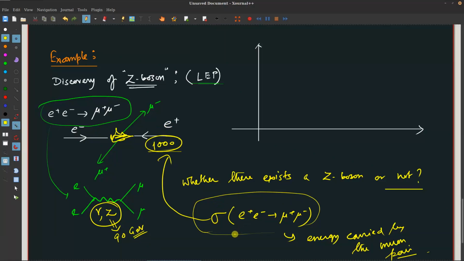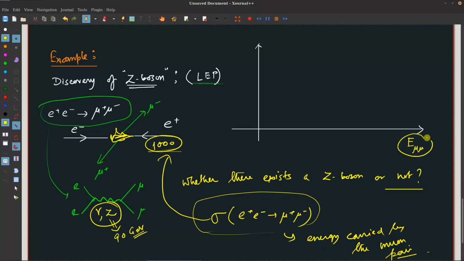And the particle physics theories basically calculate this part. So we can do a clean calculation of how this behaves with the energy carried by the muon pair. Okay. If we cannot calculate by hand, we can always simulate, but that's a different thing for now. So this comes from a theory prediction. Suppose I am colliding 1000 e plus e minus pairs, and I know this, and I plot the energy carried by mu mu.